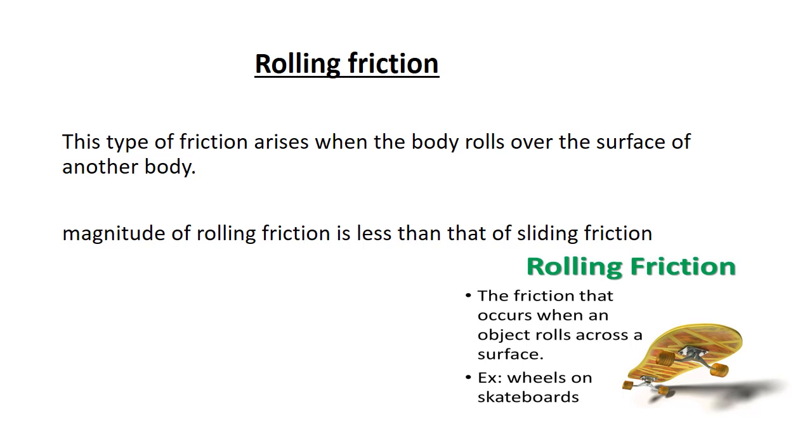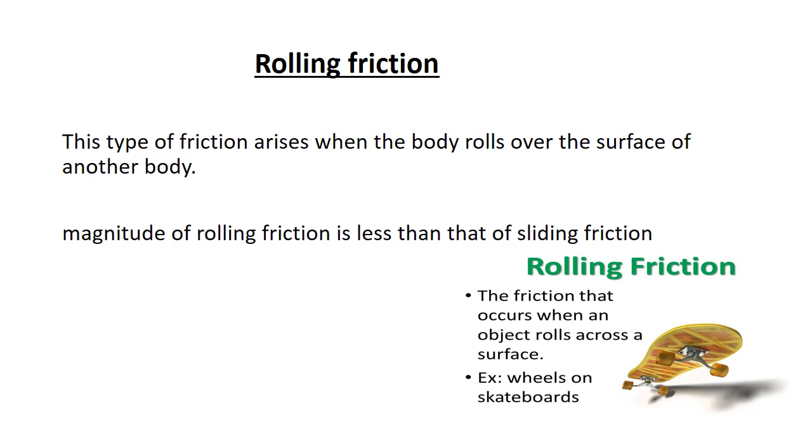If I draw a graph between the applied force and the force of friction, what we will observe is that in case of static friction, there will be a direct relationship between the applied force and the force of friction. That's why the body is in a state of rest, because the applied force will be equal to the force of friction. But there will be a maximum value.